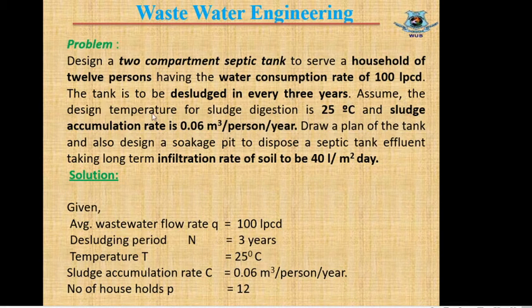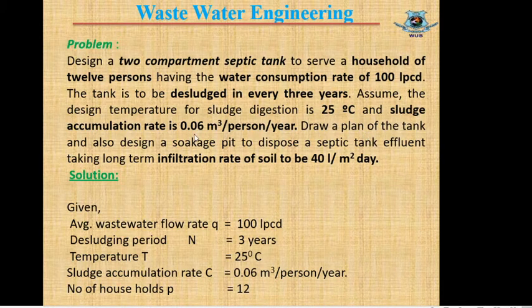Assume a design temperature for sludge digestion of 25 degrees Celsius. That means T equals 25 degrees Celsius. The sludge accumulation rate is 0.06 meter cube per person per year. That means the value of C equals 0.06.